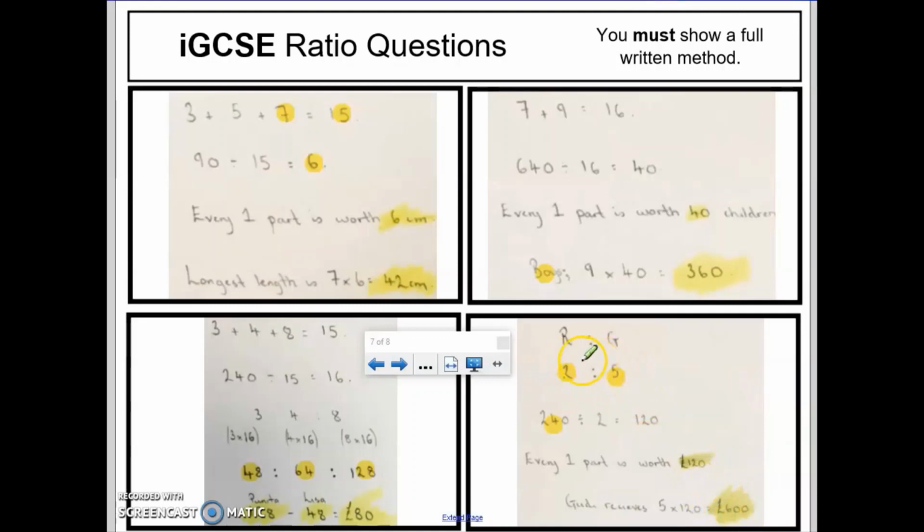So adding these together to get a total of 7 would not be applicable in this question because of the way the question was worded. So a slightly different approach was needed for the final question there. Very well done. If your answers looked like this and you were able to show your full working out for all 4 questions.